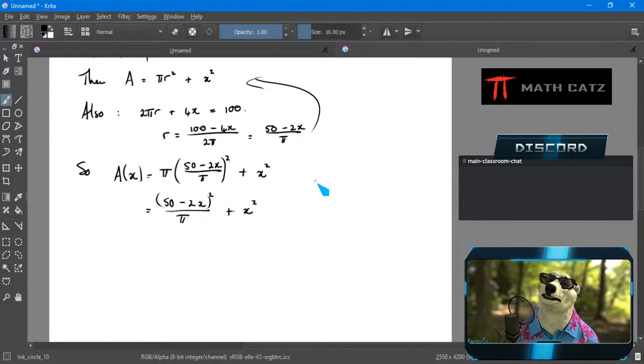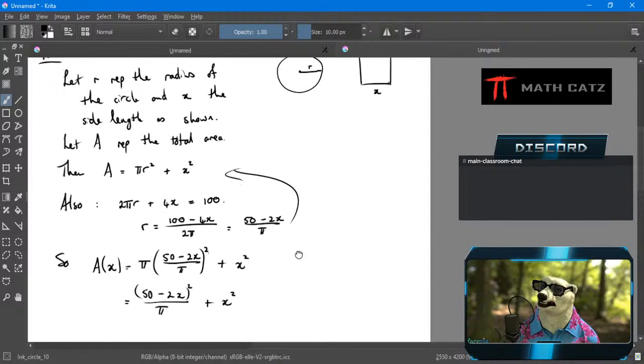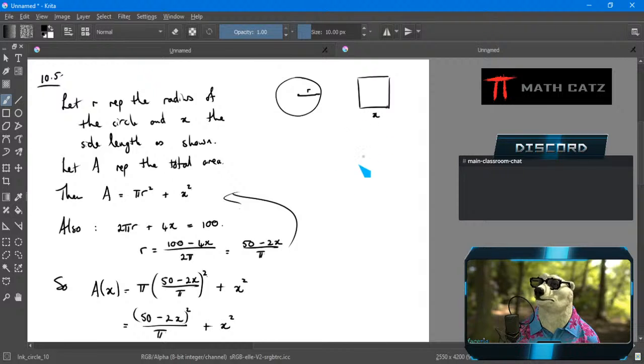Now I can think about x again and the practical restrictions on x. Definitely x has to be positive. And at the very least, I have a similar restriction as before, that my x can't be too big because I only have 100 feet of fencing. So maybe you want to put a restriction on like 50 again.